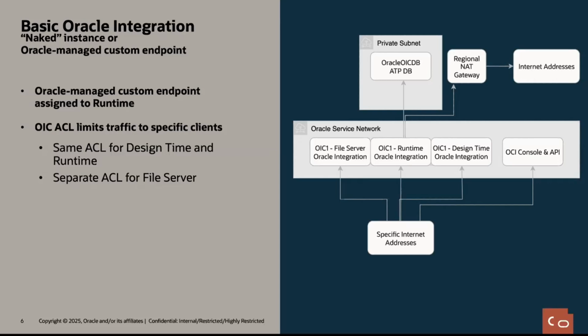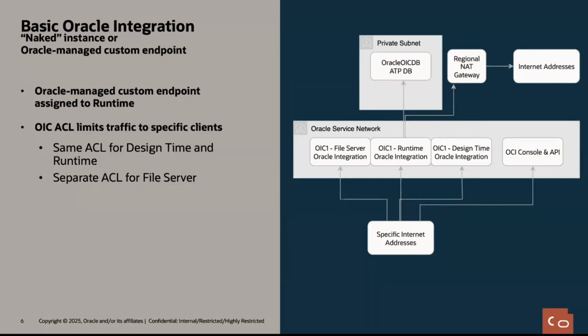We should probably point out here, because it's a question that gets asked at least once a day: if I'm targeting another Oracle hosted service, will my traffic go over the internet? And the answer is no. Within OCI, we will route within the OCI internal networks, even if you're going to another internet address that is hosted in the same region.